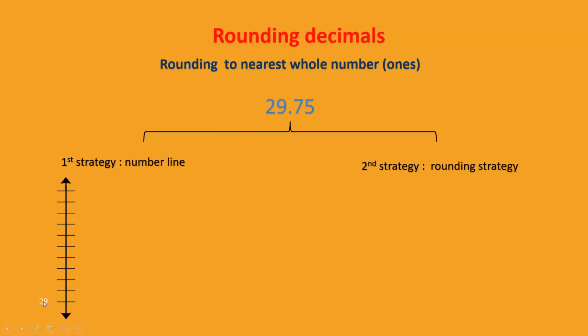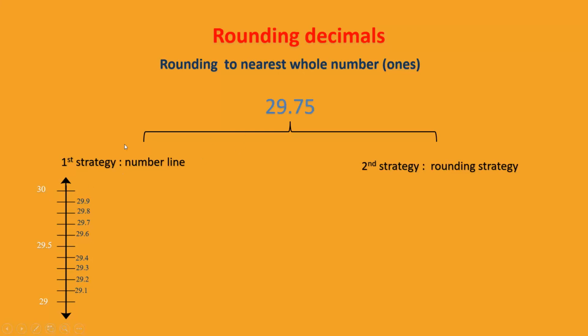And start with 29. Why 29? Because 29.75 is between 29 and 30. And in the middle, we have 29.5. And between them, we will write 29.1, 29.2, 29.3, 29.4, 29.5, 29.6, 29.7, 29.8, 29.9, and 30.